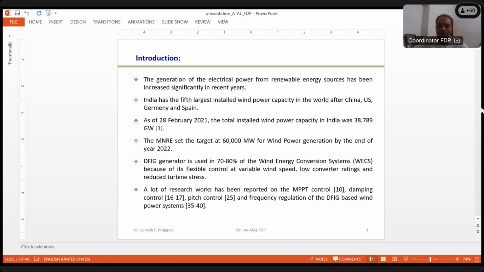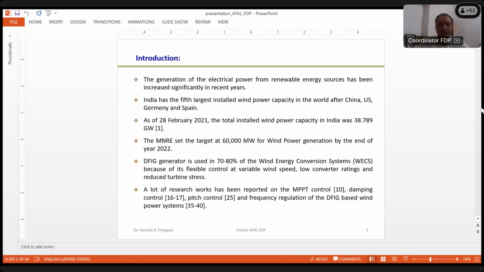This is also older data: the Ministry of New and Renewable Energy has set a higher goal for the generation of wind power. Out of the various wind power generating mechanisms or structures, DFIG, doubly fed induction generator based wind power generation is very prominent, and that's why about 70 to 80% of electrical power from wind is generated through these kinds of generators.